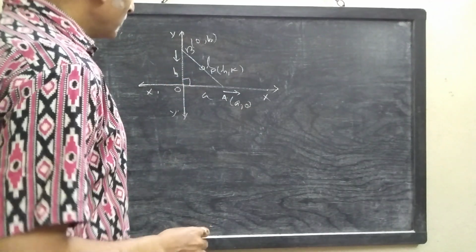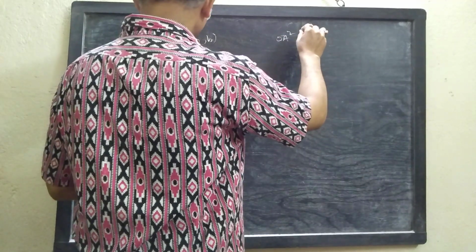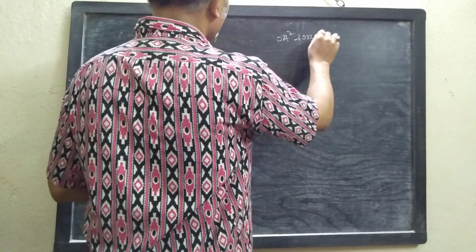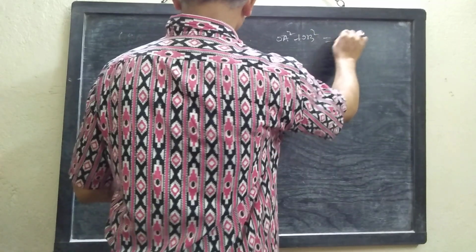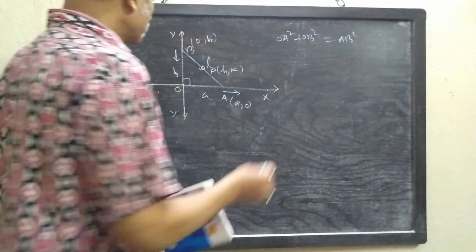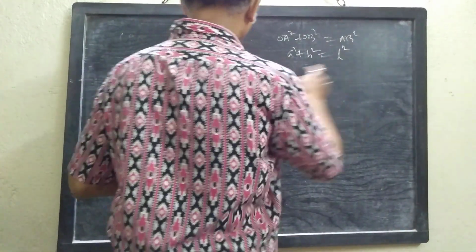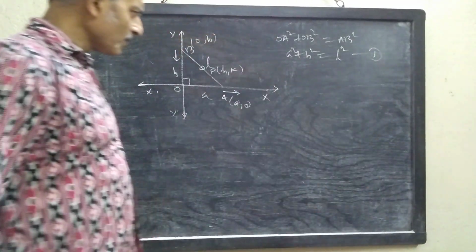So now from triangle OAB we have OA square plus OB square is equals to AB square. Simple by Pythagoras theorem. So you write a square plus b square equals to L square, because AB is L units given. This is relation 1.